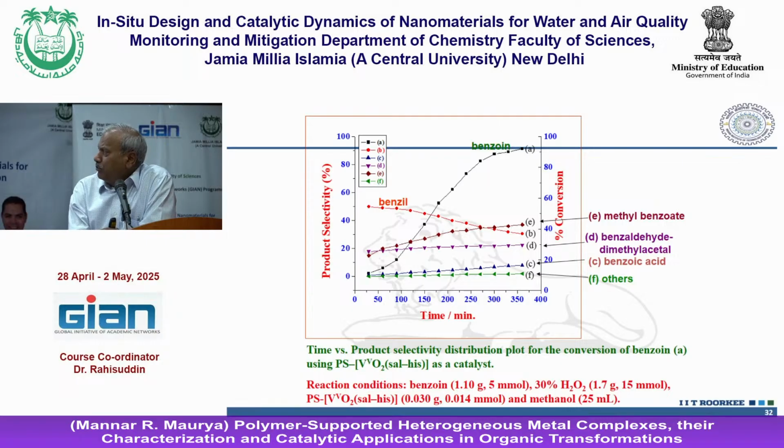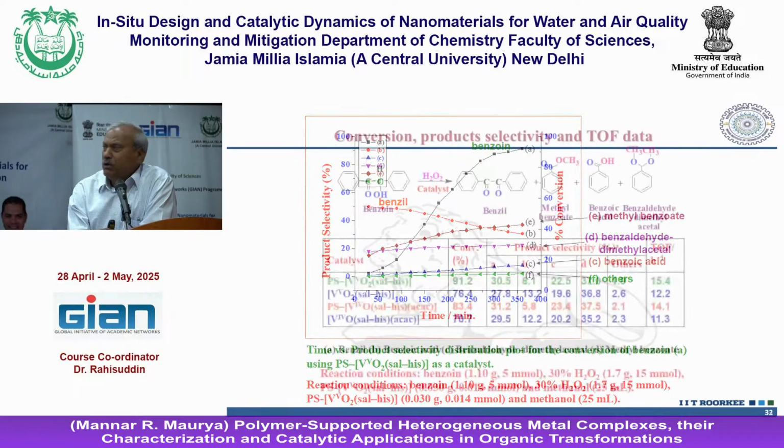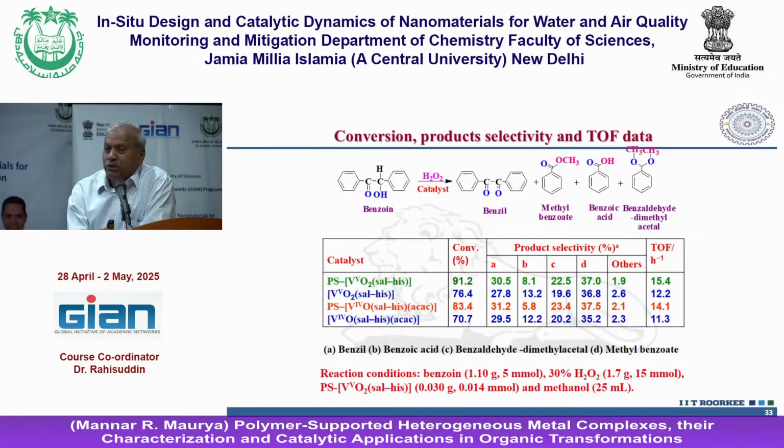You will see that benzyl initially forms in a good amount but slowly converts into other products, which is expected, because of the oxidation of that. So all four products have been analyzed.